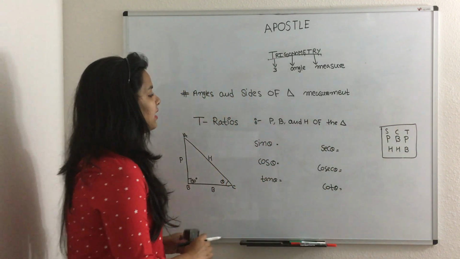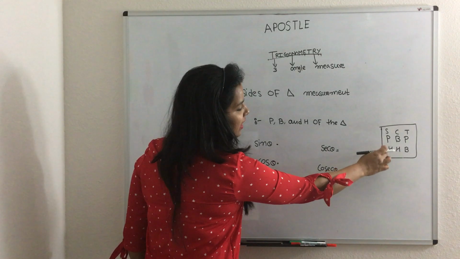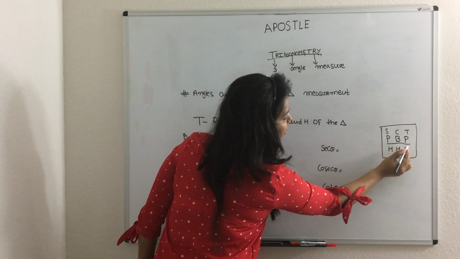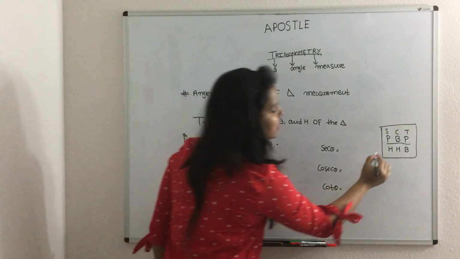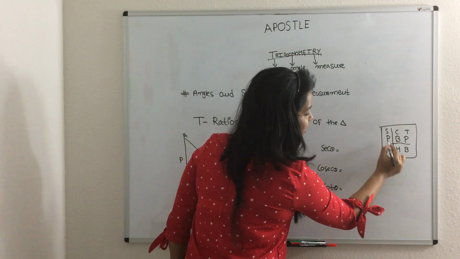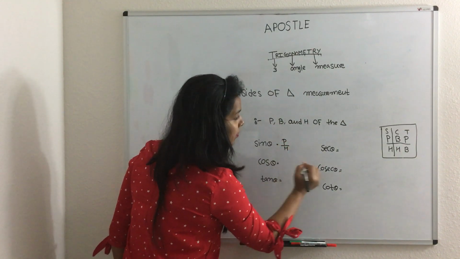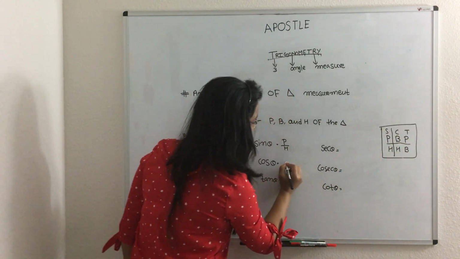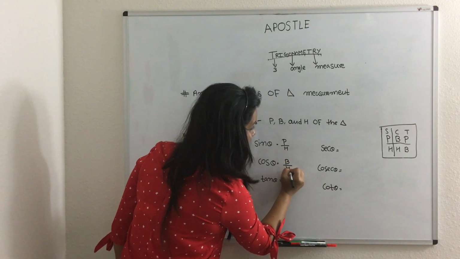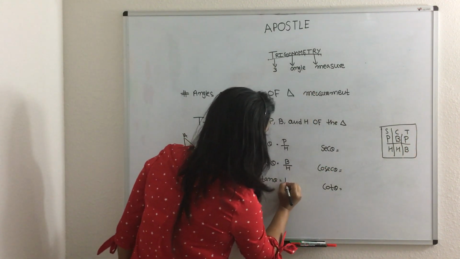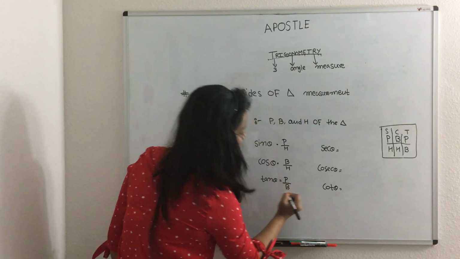The answer of sine theta is P upon H. Cos theta's answer is B upon H, and tan theta's answer is P by B.